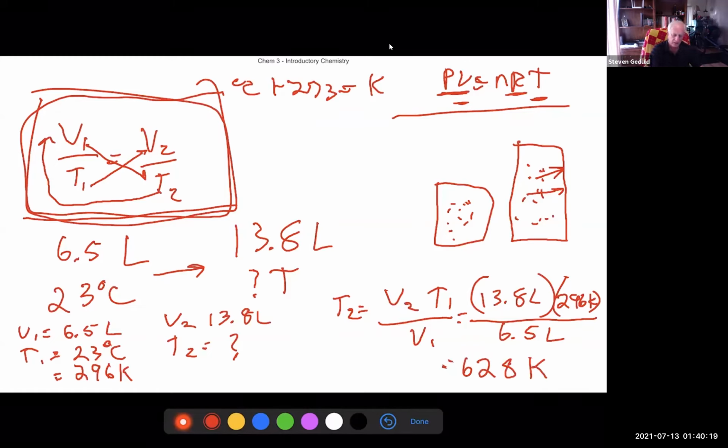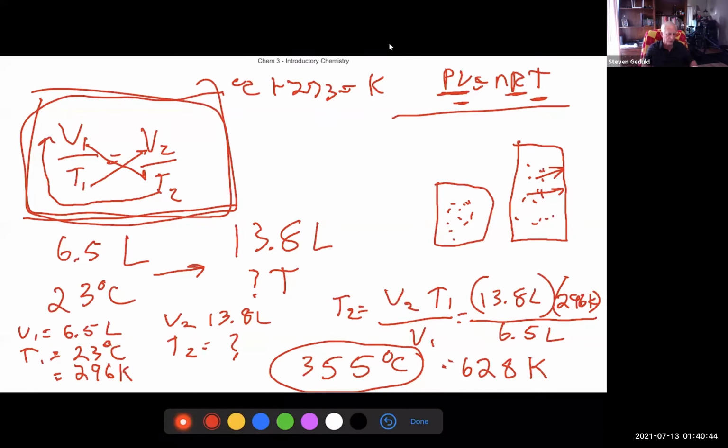Okay. Then if you want your answer in degrees centigrade, it depends what the question asks. If it's in degrees centigrade, it's going to be 628, and you're going to subtract 273, and that's going to equal 355 degrees centigrade.